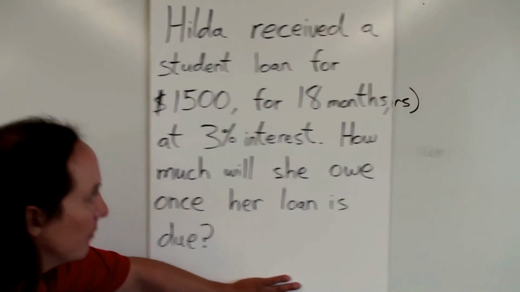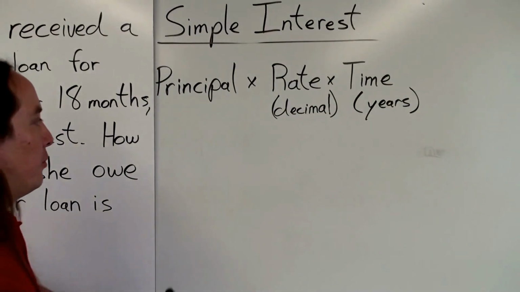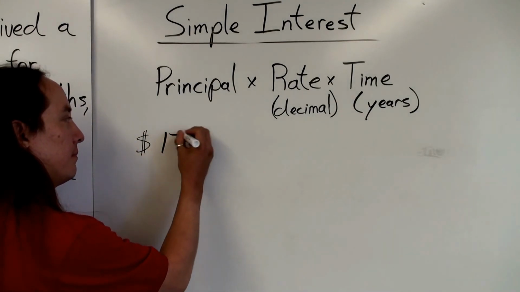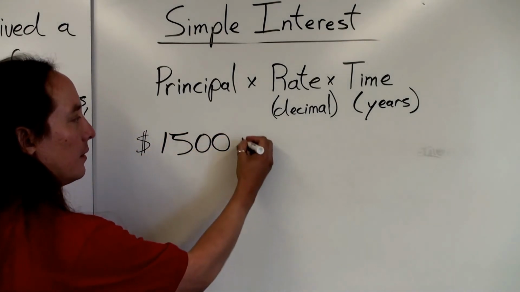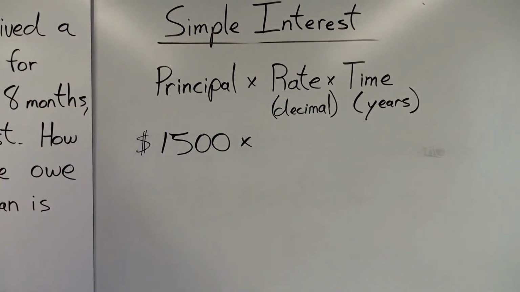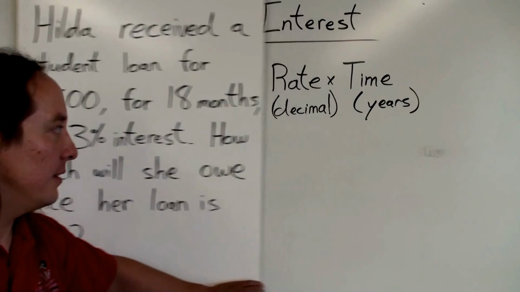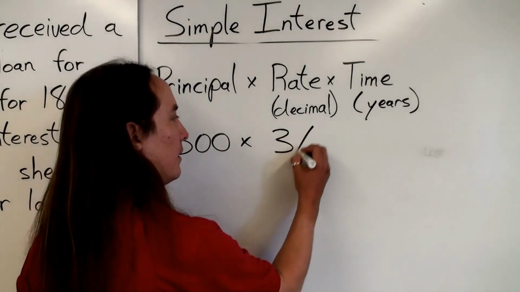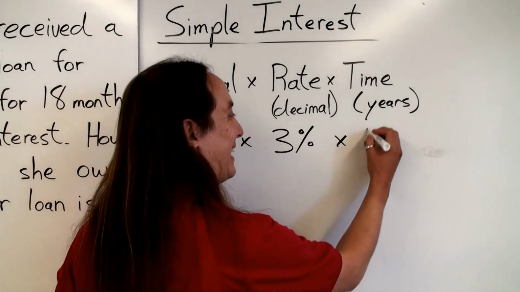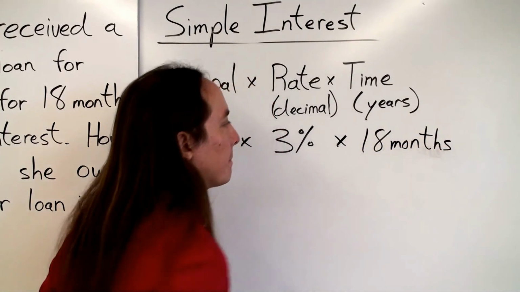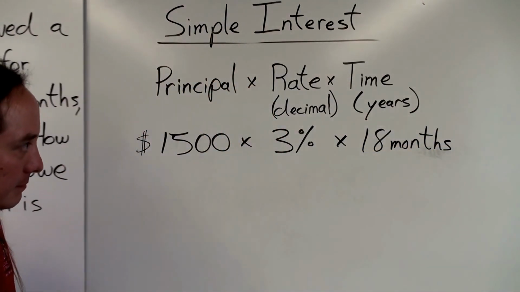Okay, so I'm going to go ahead and start with putting my principal. Okay, that was $1,500. And 3% interest. And it said 18 months. Okay, cool.